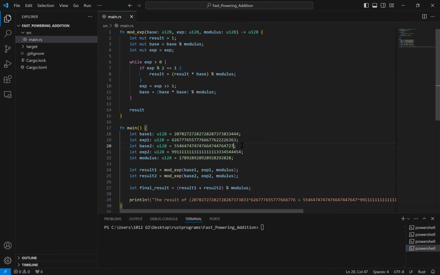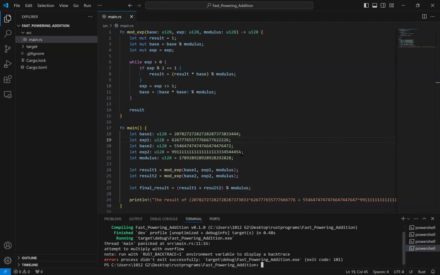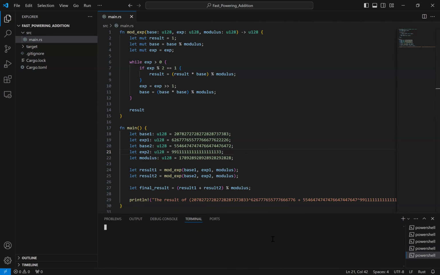So these numbers are bigger than what U128 can handle. I'm still reducing to a level that our U128 can handle. Okay, so if that is the case, then we're supposed to change and use the code that will run this.